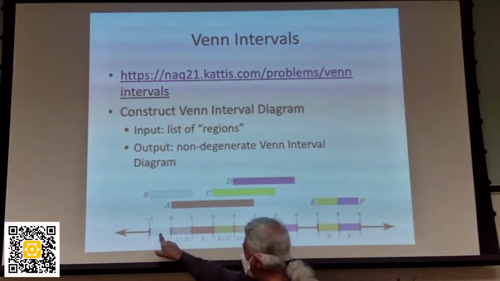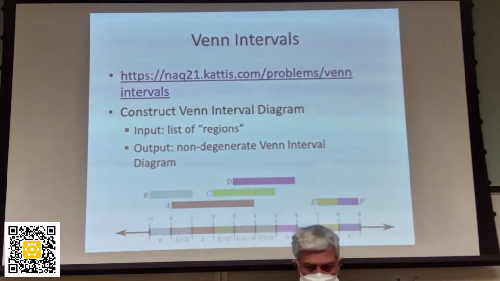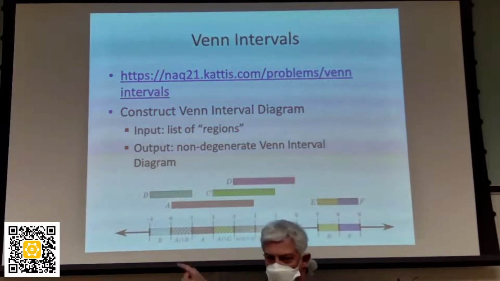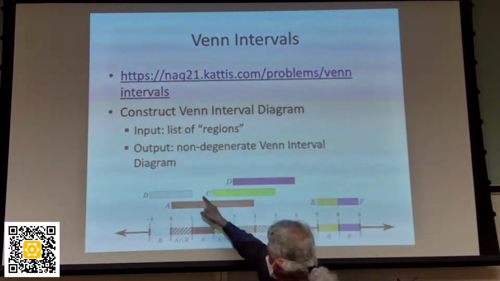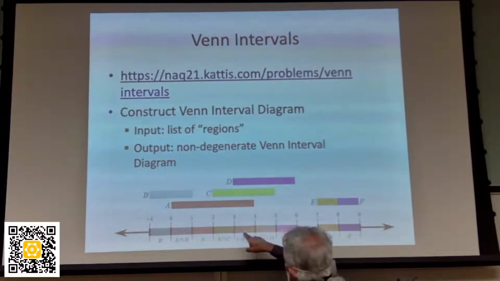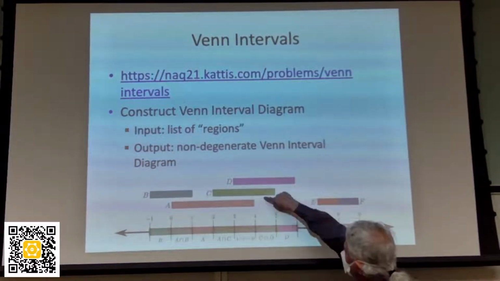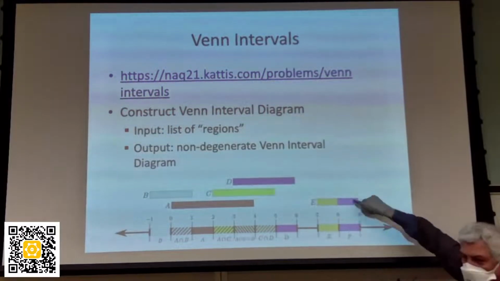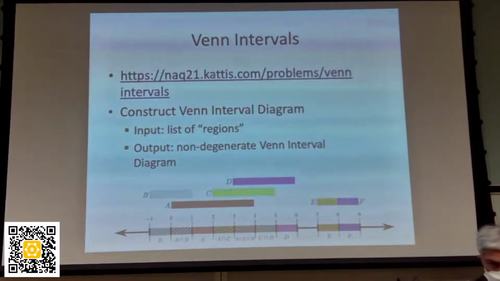So here only values from B are present. Here it's both A and B, right? Here it's only A, here it's A and C, here it's A, C and D, here it's C and D, here it's only D, here it's nothing, here it's E, and here it's F. All right?